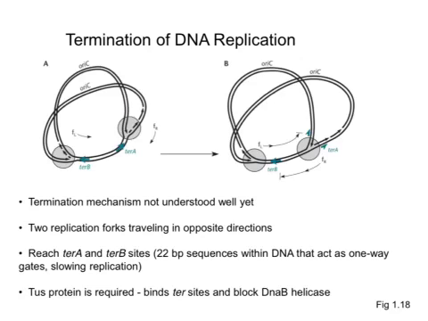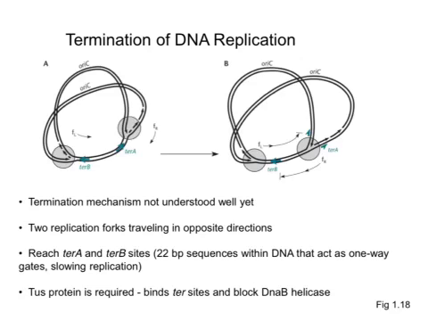This works at the replication fork shown here and here. So as the clockwise moving fork moves through TER A, it slows and it can't get past TER B. So these act as one-way gates. And similarly, going counterclockwise, the second termination fork moves through TER B but cannot move through TER A.